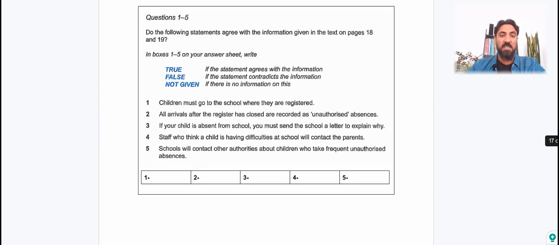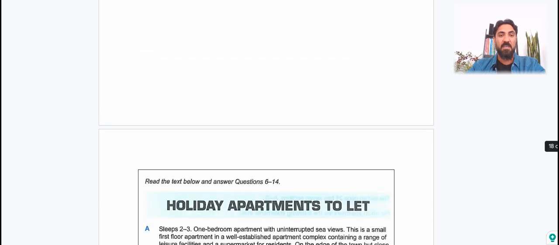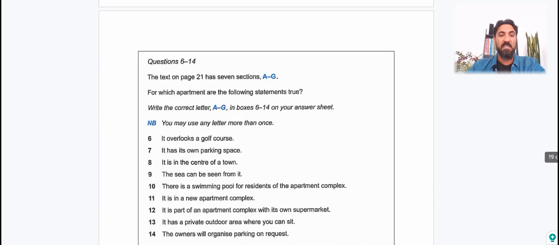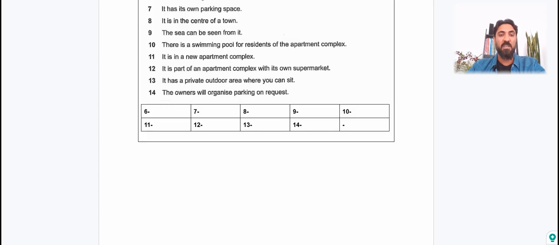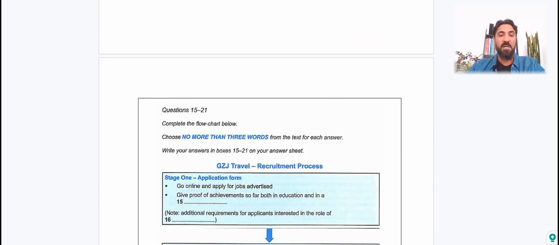So as you can see, questions here, we have 1 to 5 again. And the next text, we have questions 6 to 14. And then we have section 2 of the reading, which are, here we can see you can write no more than 3 words for each answer.